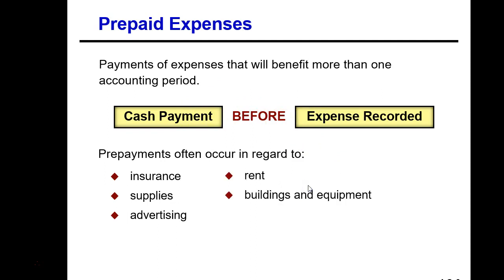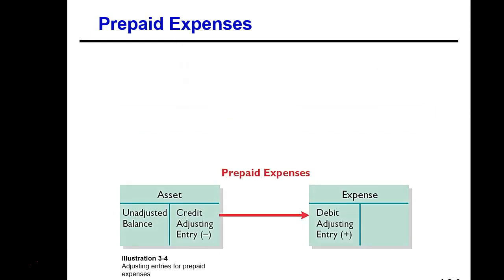So initially, prepaid expenses are recorded as assets in our accounting records. But we then have to make an adjusting entry at the end of the accounting period to show what portion of the prepaid expense has been used or consumed by the end of the accounting period.